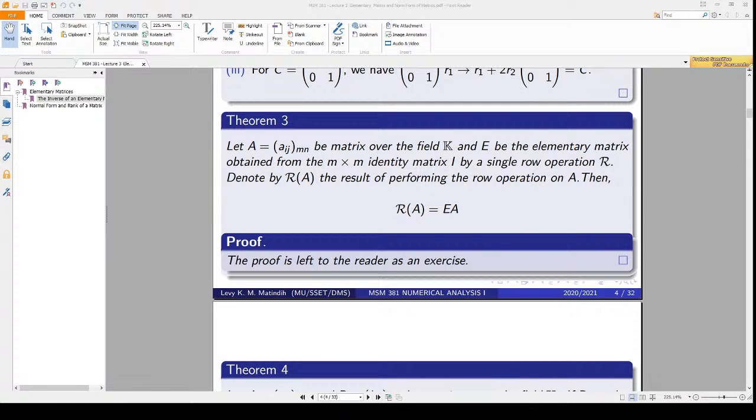So there is this matrix which is row equivalent to matrix A, which you obtained by applying a single row operation on A. This is the same as when you multiply the elementary matrix E by A.